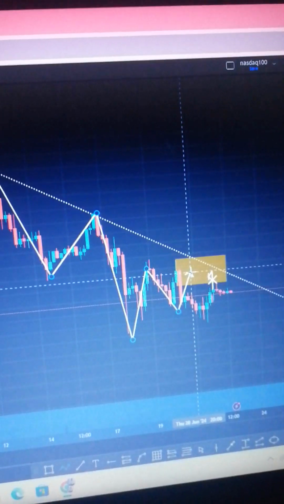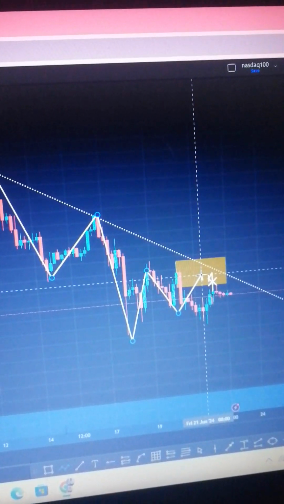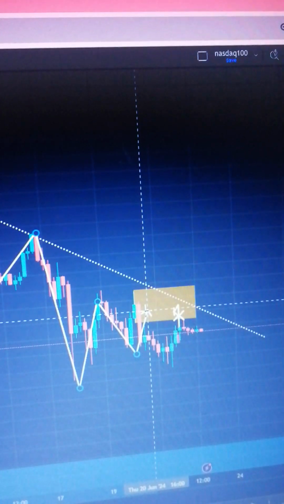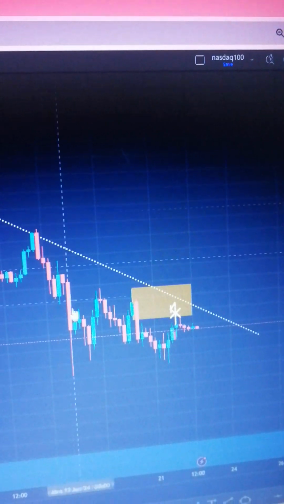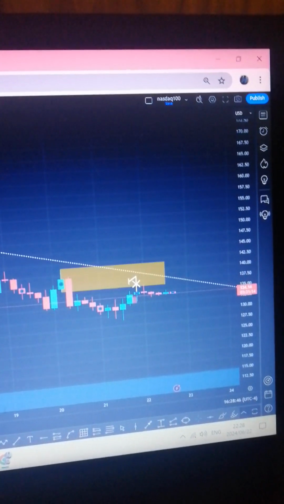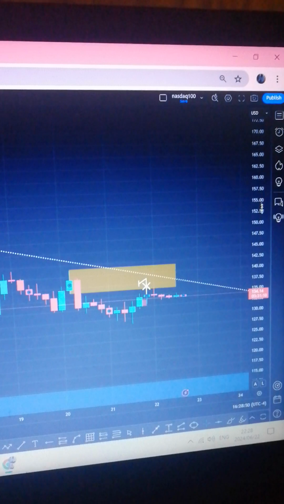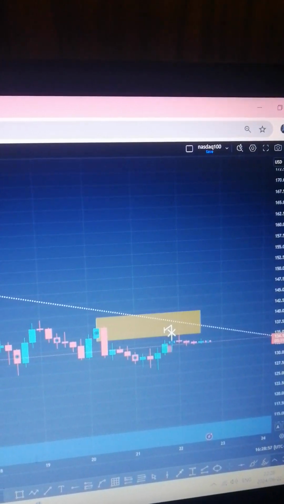here. You see the reason why I drew this yellow box here. I'm the one who drew that since yesterday, before even the price reaching that place. I drew that 4-hour zone.